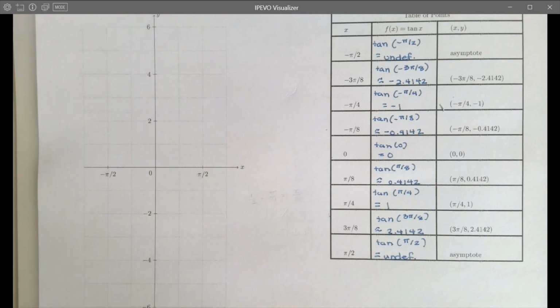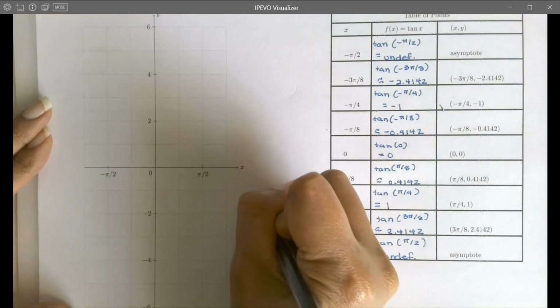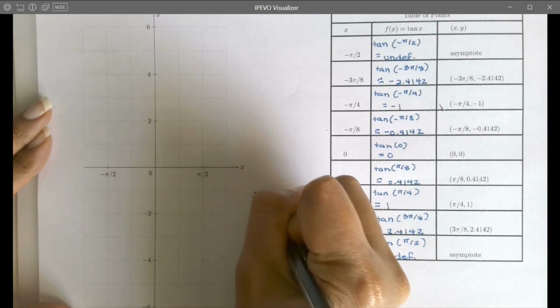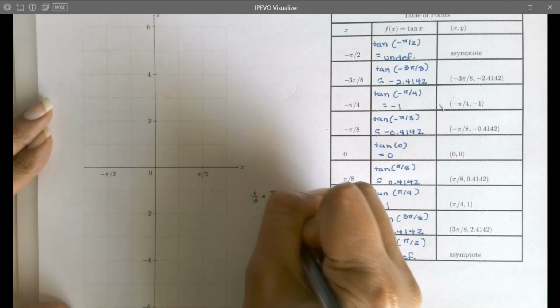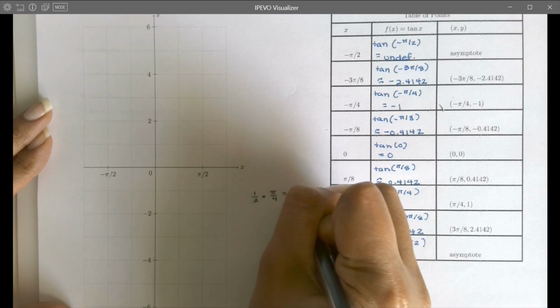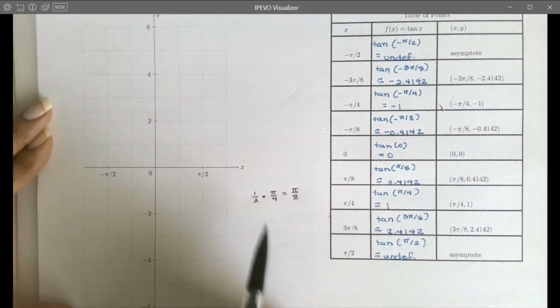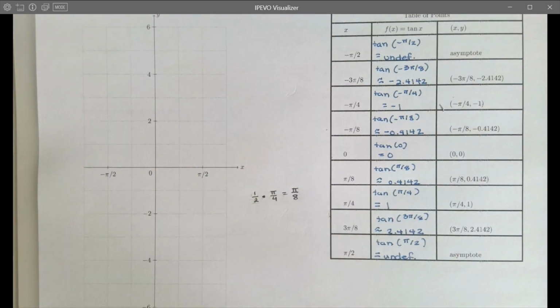To be able to identify where that is, let's just think about where is pi over 4. Because half of pi over 4 is pi over 8. So that means that halfway between 0 and pi over 4, we'll find pi over 8.